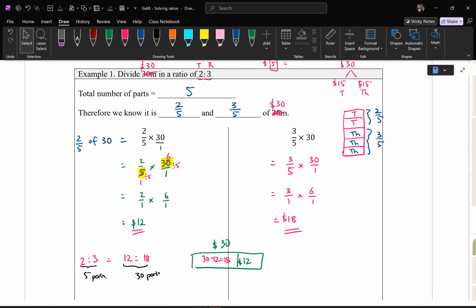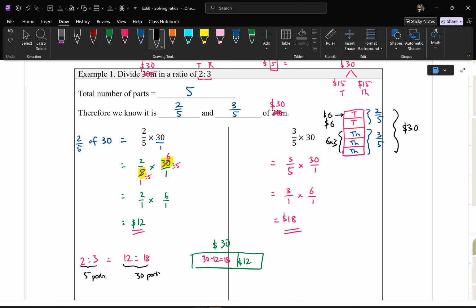So in our scenario, what's 30 divided by 5 parts? 6. So each part is equivalent to $6. But since I'm getting 2 of it, 6 times 2 gets you 12. And then they get 3 parts, but each part is $6. So 6 times 3 is 18. That's another way to do it too.